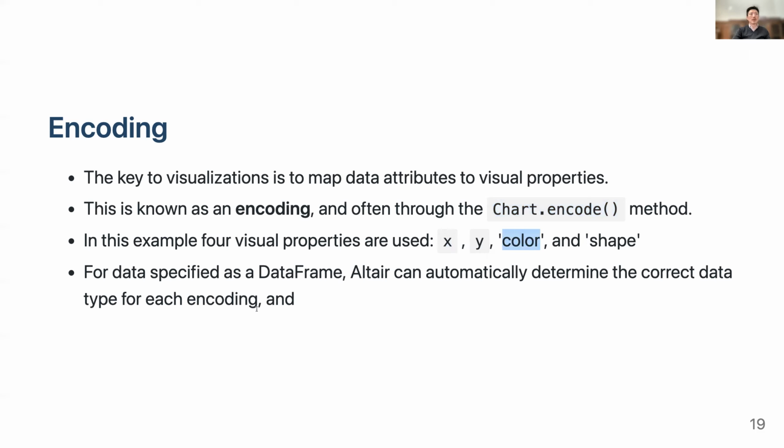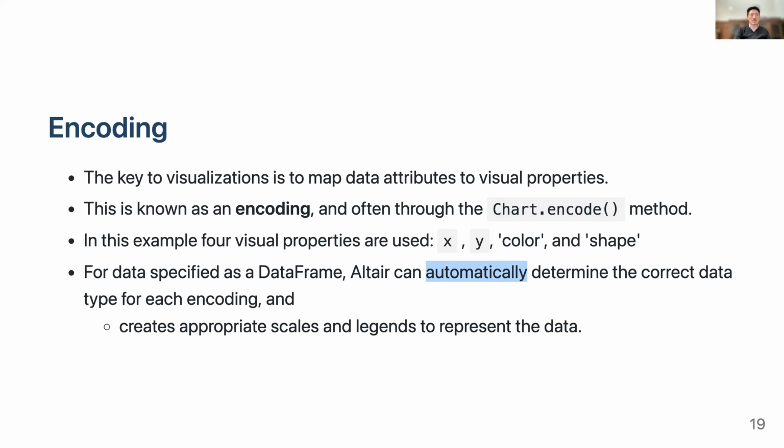Again, as we talked about before, for pandas data frames, Altair can automatically determine the type of the attributes. So that's a bit convenient. This is also important to create the scales and legends. For example, if it knows it's on the x-axis, it's a number, and it knows the minimum and maximum values, etc. And if it's categorical data on the axis, it will create the different labels for each bar, for example.